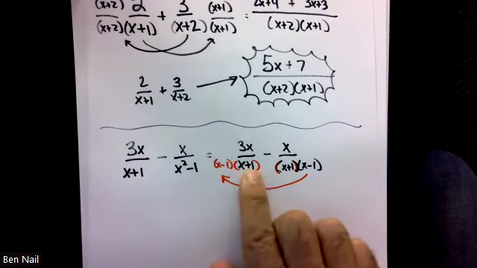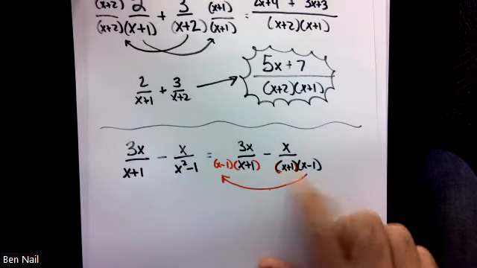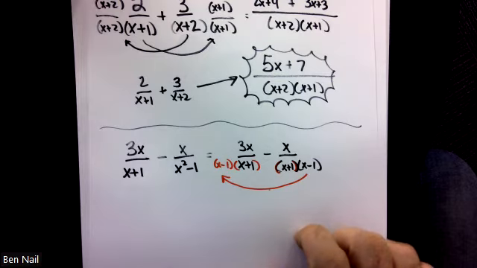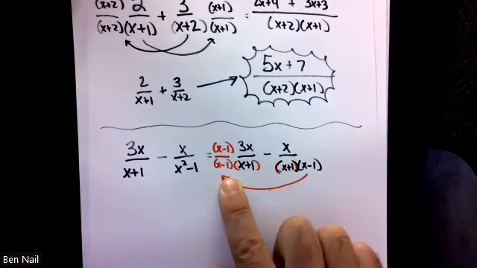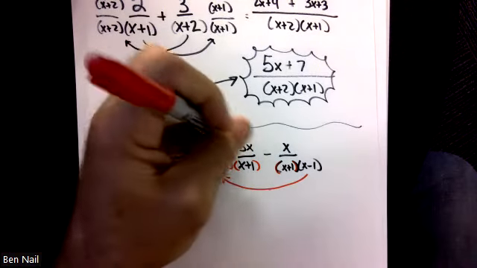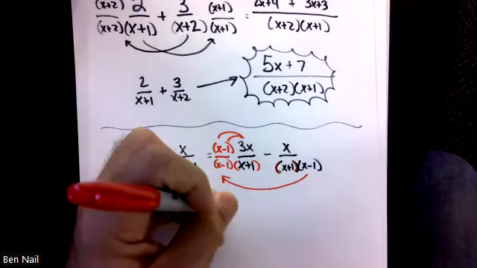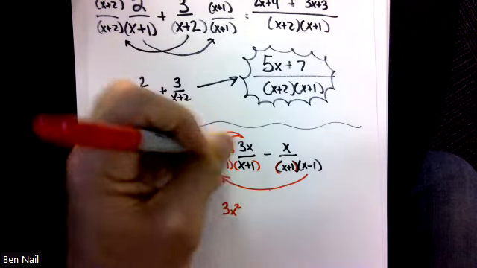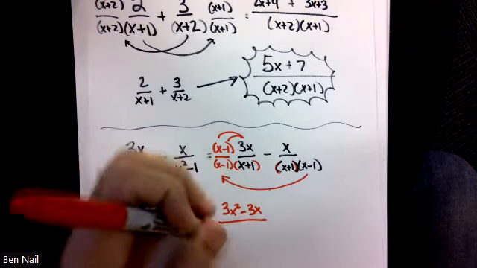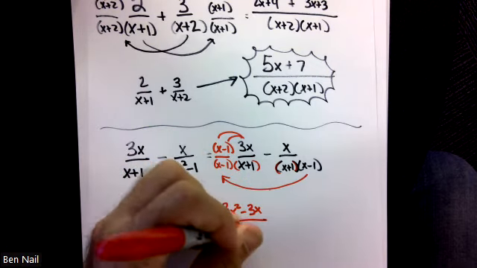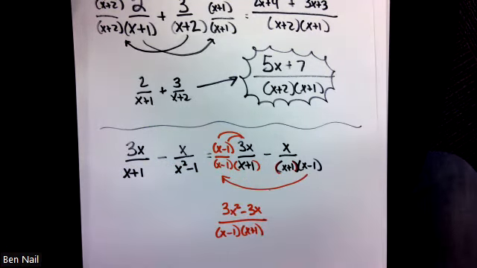Then we have x minus 1 and x plus 1, just like over here. I already have x minus 1 and x plus 1. So if I multiply that, I got to multiply that to the top. Distribute. So we get 3x squared minus 3x over x minus 1, x plus 1.